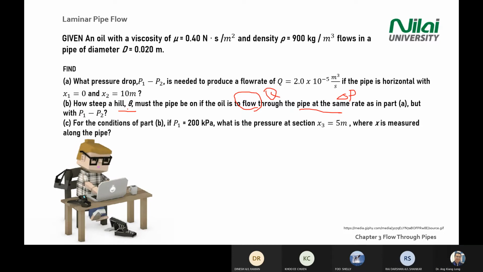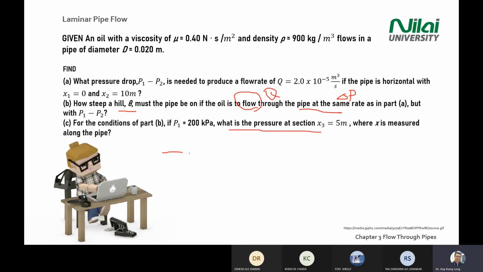So what can you find for theta? Then C, for part B, after you find theta, given the pressure at one point, what is the pressure at a particular length of 5 meter? Okay.